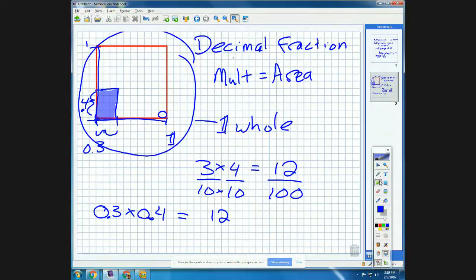For every place you have in the factors, you have to have a place in the answer. So that means the decimal point here has to go right there. I like to put a 0 in front to be clear. It's optional. If your students are messy, you might want to force that 0 point. And most of the class would be messy.